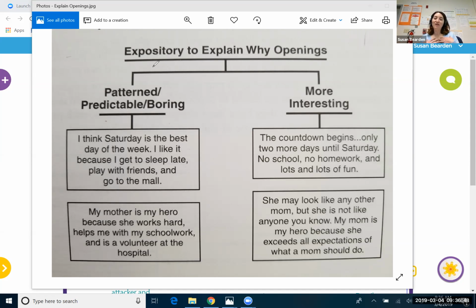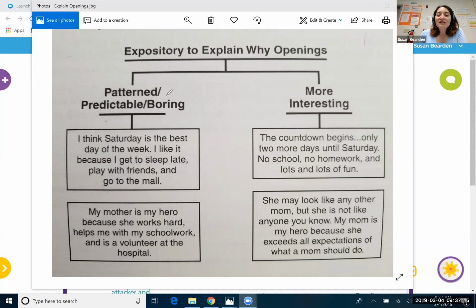We're explaining our opinions, and we're talking about the types of openings. You can see on the left-hand side of our tree map, our subtopic is patterned, predictable, boring. So these are examples of the types of openings you see most often in a student's work. And I admit, I often do the same thing, and it's something I'm working on really hard.